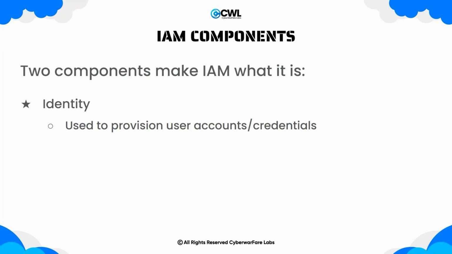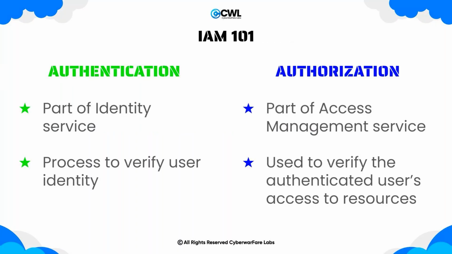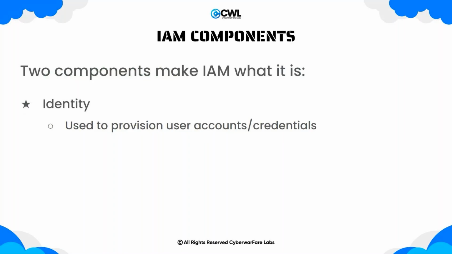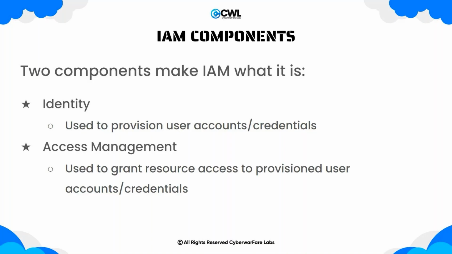Previously, on the last slide, if you look at the first pointers of both of these, there is a mention that authentication is part of identity, whereas authorization is part of access management. So let's first look into identity. Identity is the process of provisioning credentials or user accounts to a particular user or a particular service. I'm reiterating: with the help of identity, we establish authentication, and with the help of access management, we specify authorization.